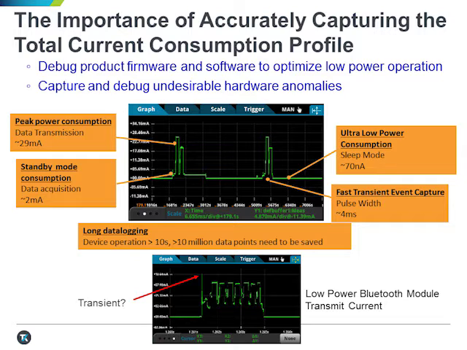A plot may uncover an unexpected and unwanted current draw, such as the spike shown on the lower plot. If that is a transient, can a hardware modification or a firmware modification eliminate or reduce it to eliminate the power it consumes? The more accurately you can capture your load current profile, the more valuable information you have.